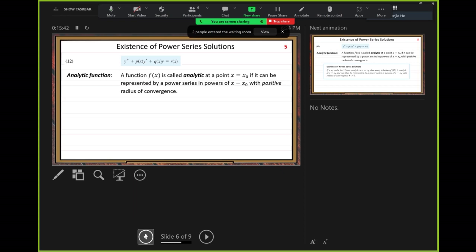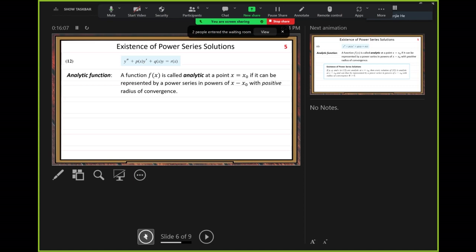We emphasize positive radius because in the previous slide, our third example had a 0 radius, right? That cannot be used, so we exclude the 0 radius case. It must be a strictly positive radius. Then we can define an analytic function.